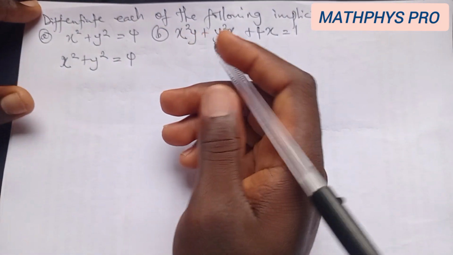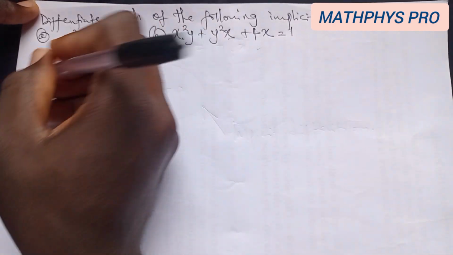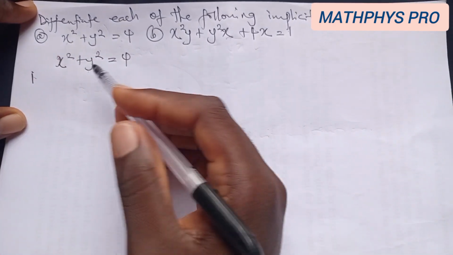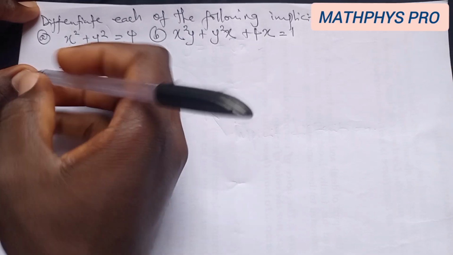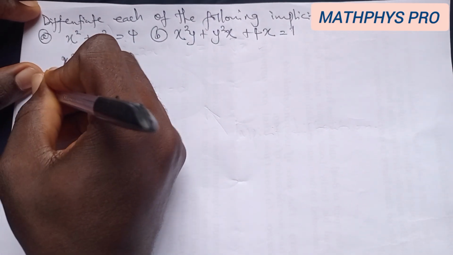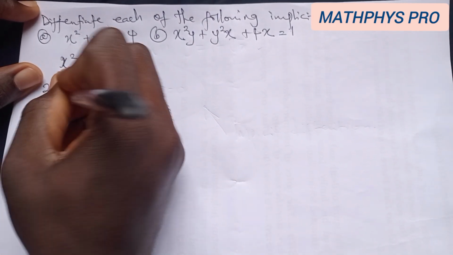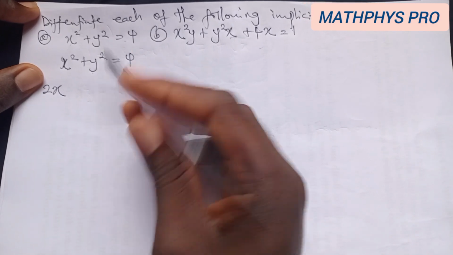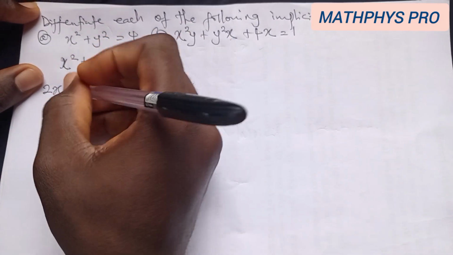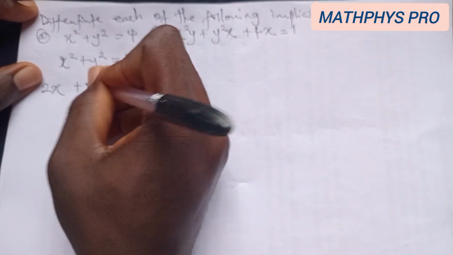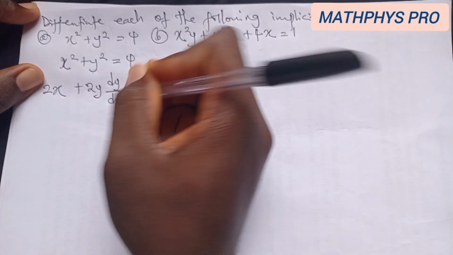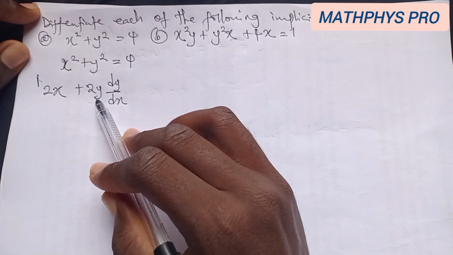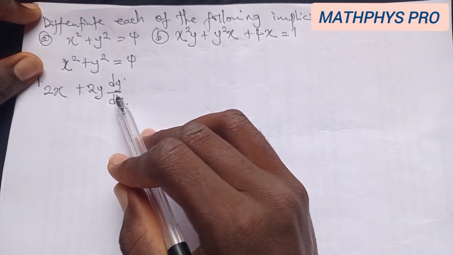Differentiating term by term with respect to x, if you differentiate x squared, you have 2x. Whenever you differentiate y squared, we have plus 2y, and you add dy over dx. Whenever you differentiate y, you add dy dx.